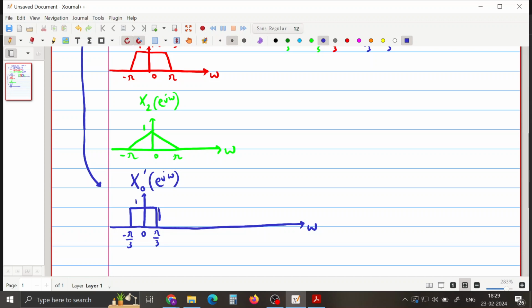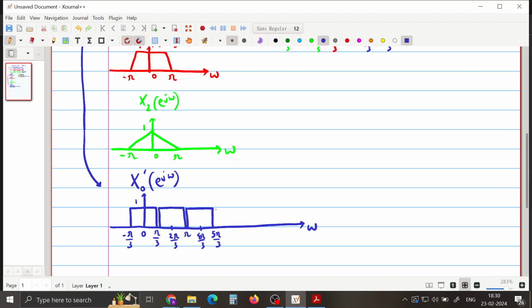So we'll have 1 copy here, centered at 2 pi by 3, this point is pi, another extra copy will be there, centered at 4 pi by 3, this point would be 5 pi by 3.